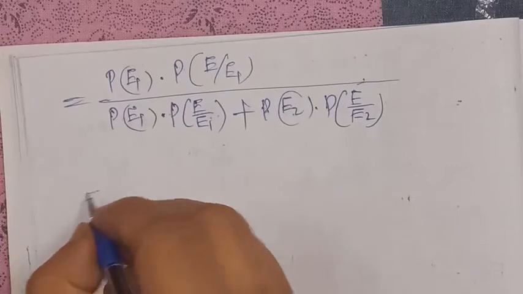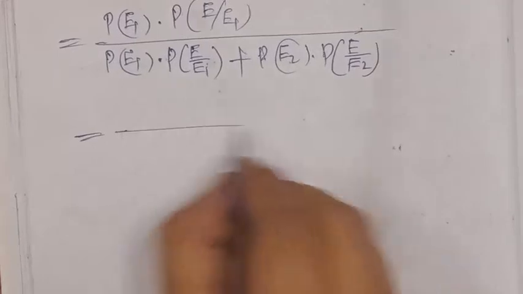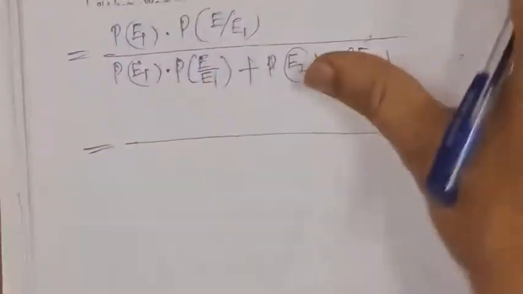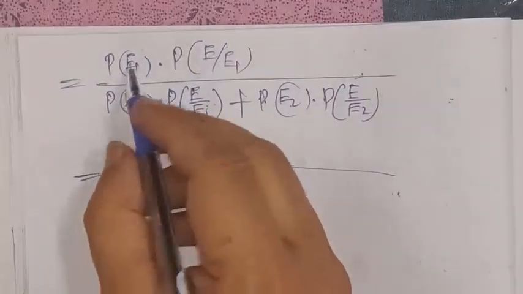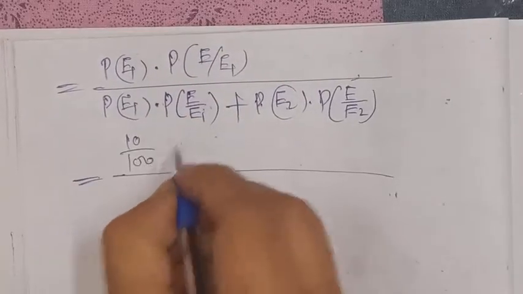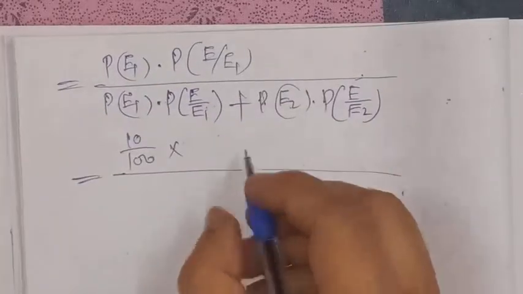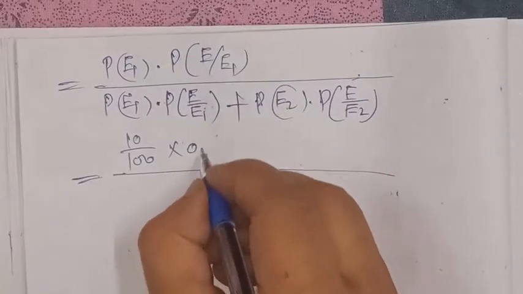Now I will put the respective probabilities. The value of P(E1) is 10 upon 100, and P(E by E1), which we wrote on the previous page, is 0.01.